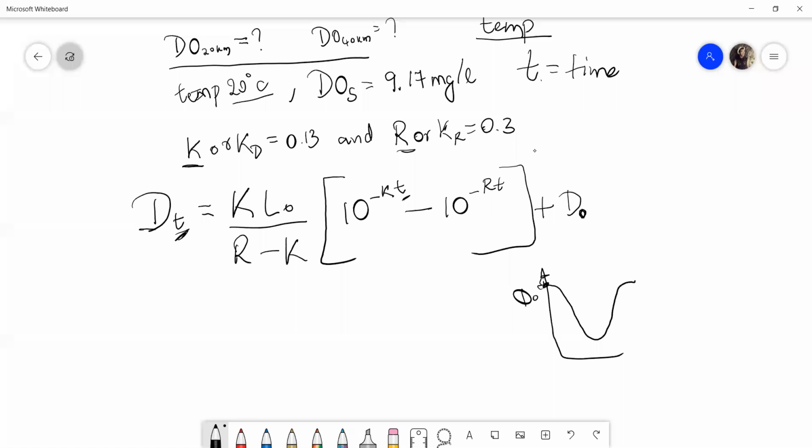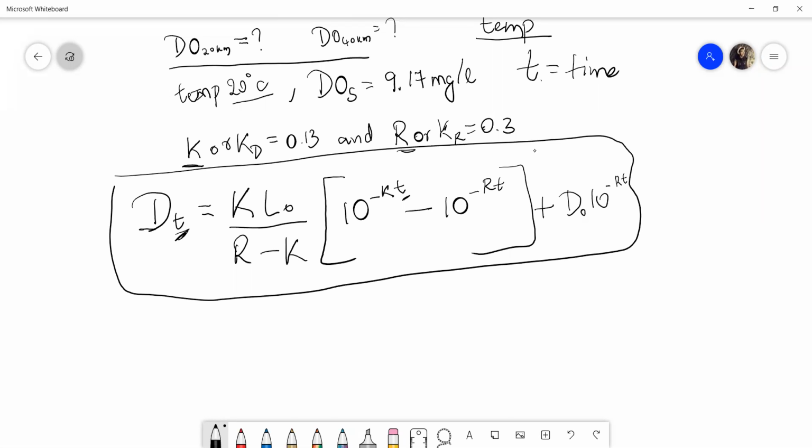It is the difference between the saturation DO and the actual DO at initial stage. That is D naught into 10 to the power minus RT. So write down this formula. I want all of you to write down this formula. This is the Streeter-Phelps equation.